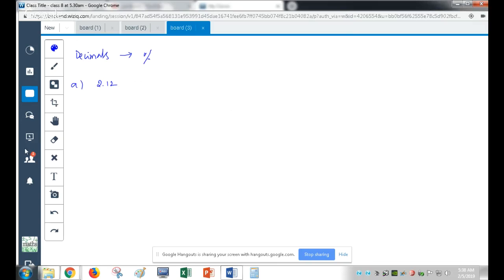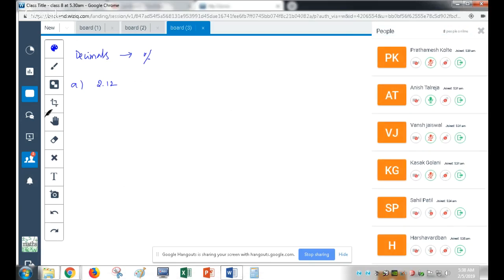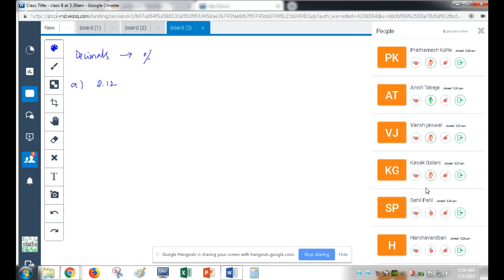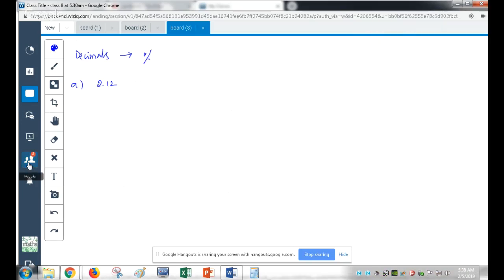Many of you are reading this as 2 point twelve in the wrong way. If you are reading it like that, then that is 100% wrong. Then how to convert this into percentage?